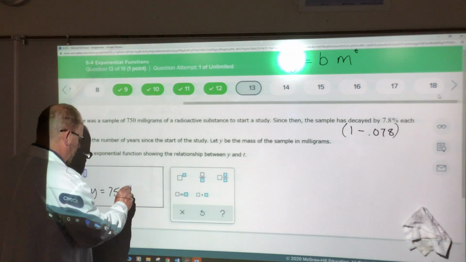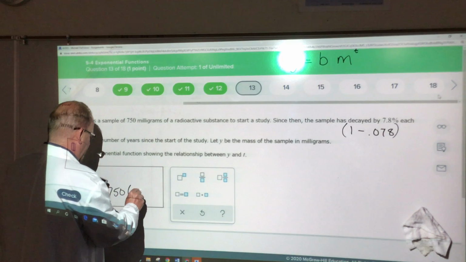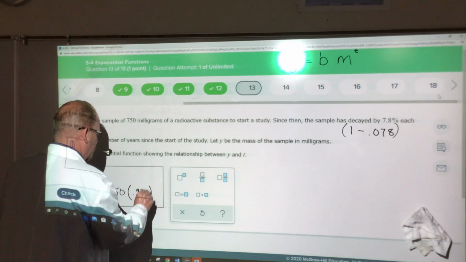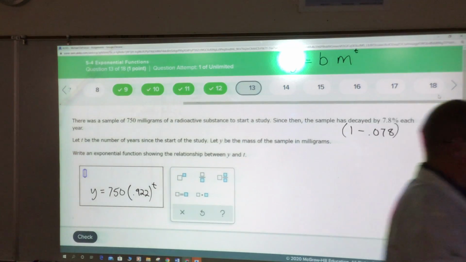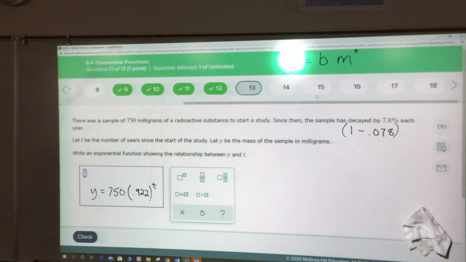Okay, so 0.922 to the t power. Do I have to put it in, or do you trust me? Y equals 750 times 0.922 to the t power.